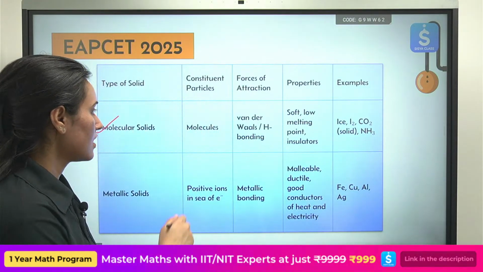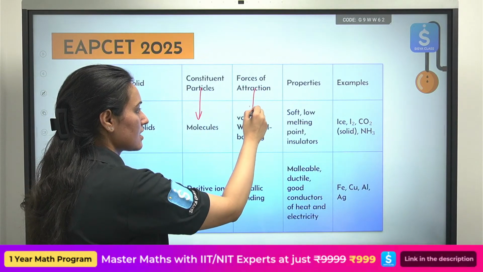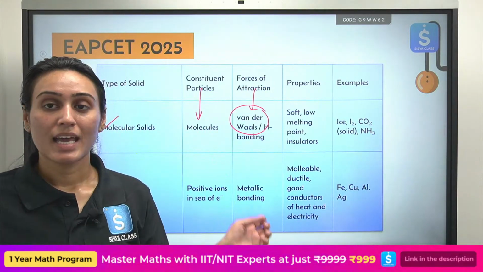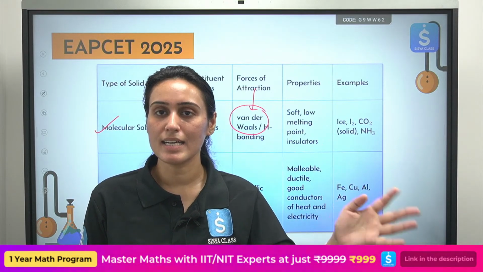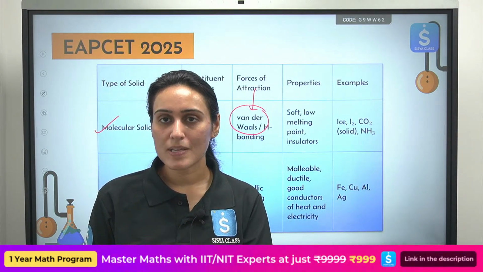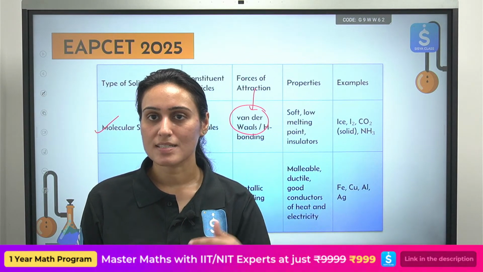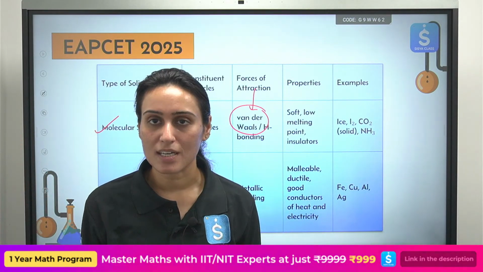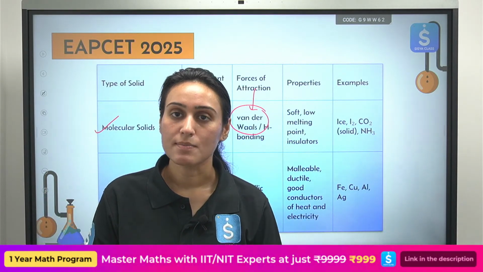So in this case, what are the constituent particles? Molecules. And forces of attraction, please see, van der Waals forces of attraction, and hydrogen bonding is a special case of these weak interactions. They are not present in each and every molecular solid, but if you find hydrogen is present along with a highly electronegative atom, oxygen, nitrogen or fluorine, hydrogen bonding is also possible, not always.